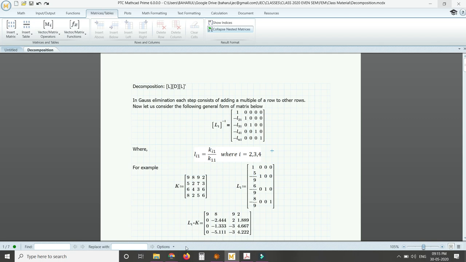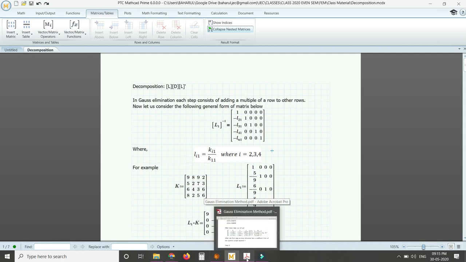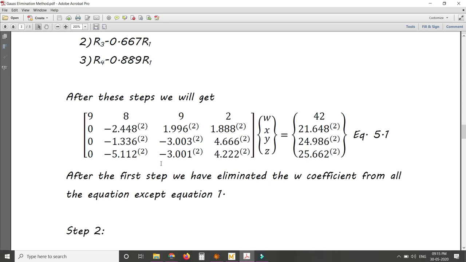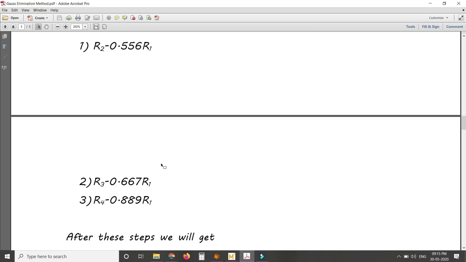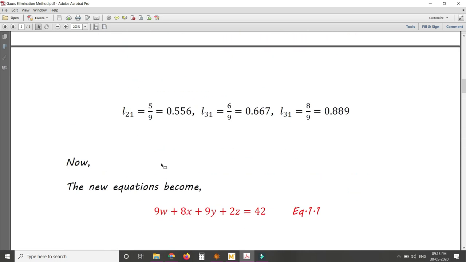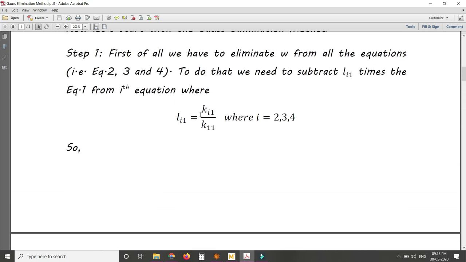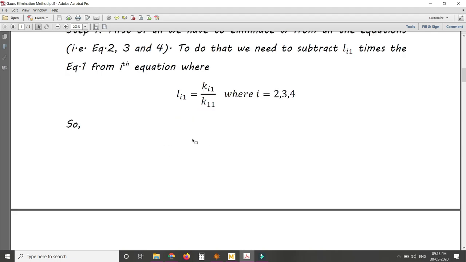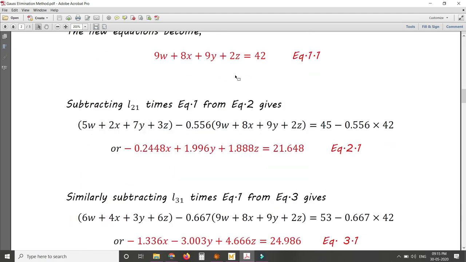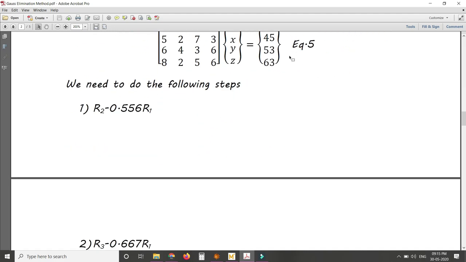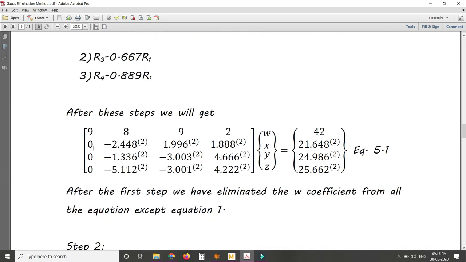If you remember, in the first step of Gauss elimination we used to calculate coefficients like Li1, which is equal to Ki1 by K11, and these coefficients are used to eliminate all the numbers from the first column, except for the first number of the first row.